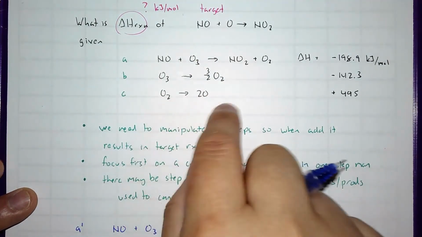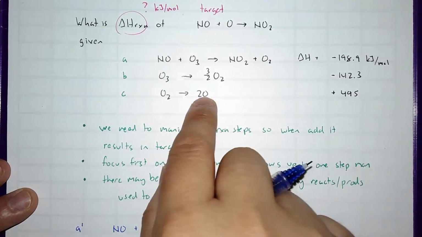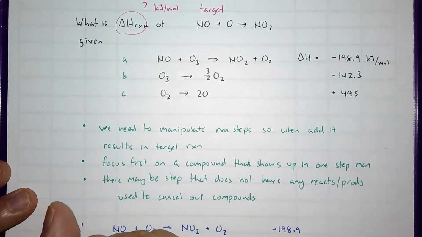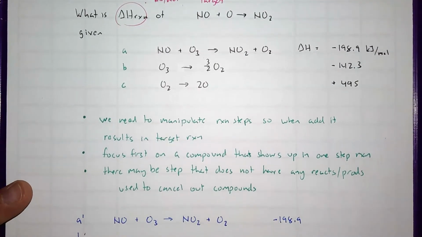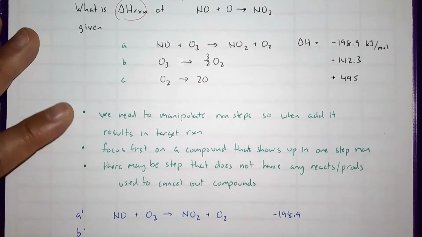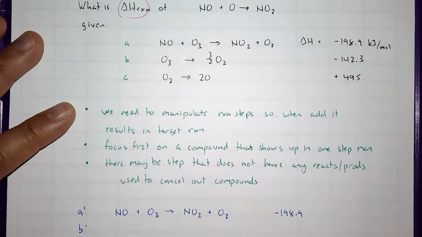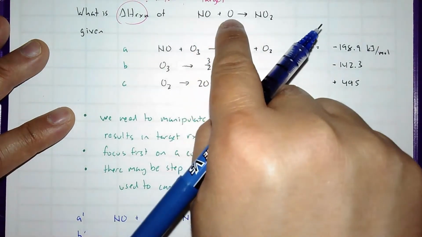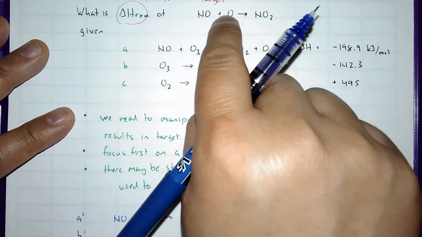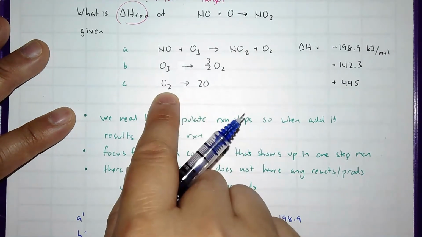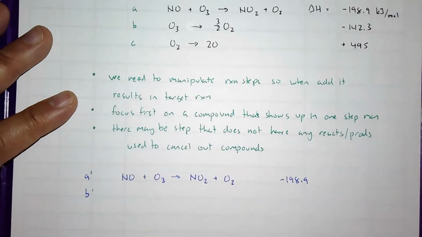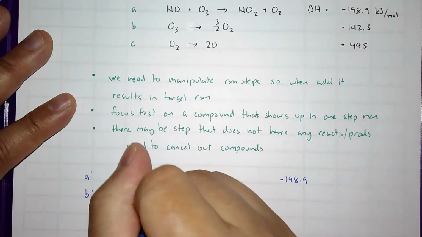So let me take care of all the ones that are in the target, and there's O. But the problem is that in my target, the O is on the left, and it's a coefficient of 1. So the first thing I'll do is reverse this reaction. So these are the manipulations that I was talking about.